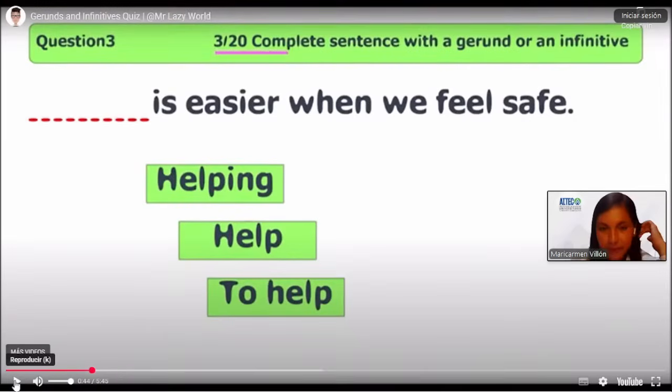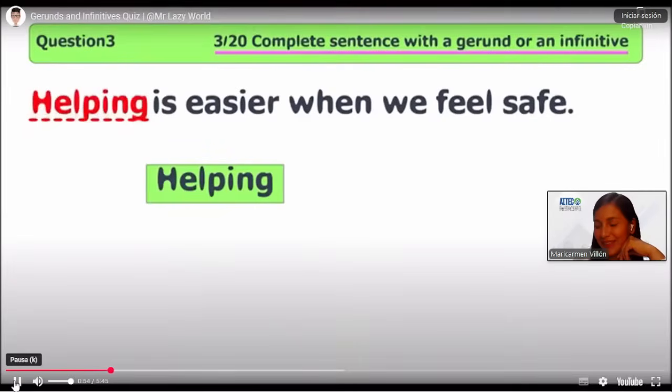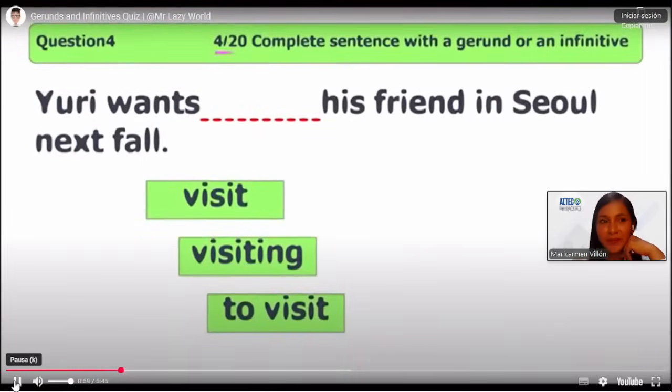What do you think it is? Helping, help, or to help? Very good, Don. What about now? Yuri wants. We have visit, visiting, or to visit his friend in Seoul next fall.